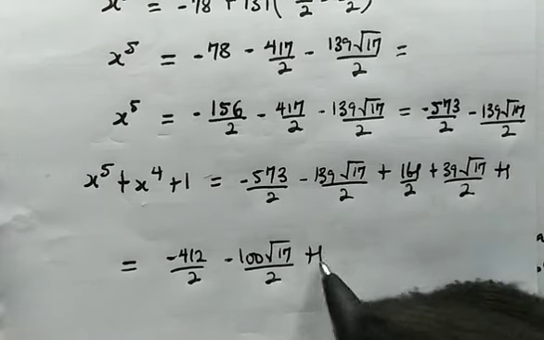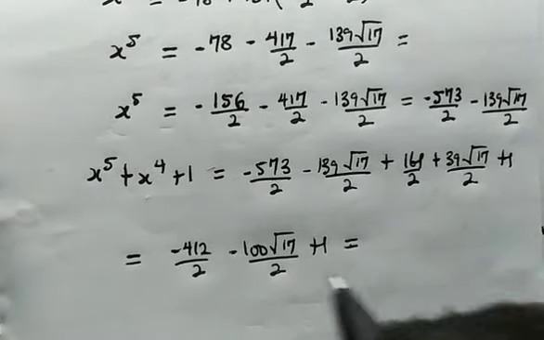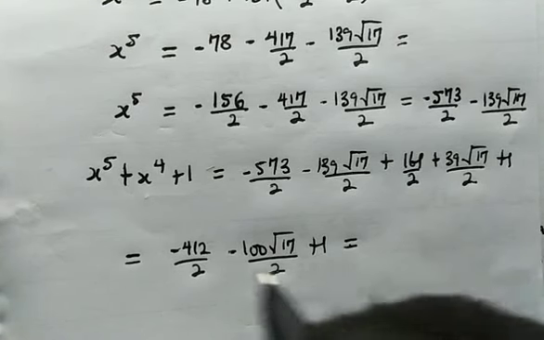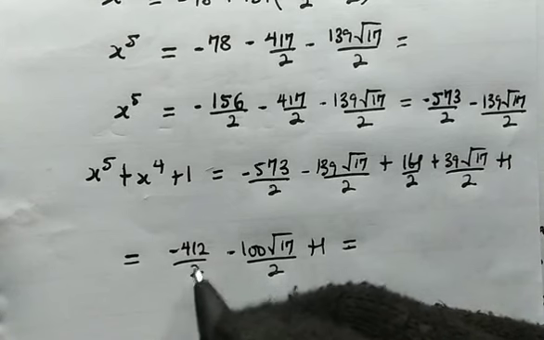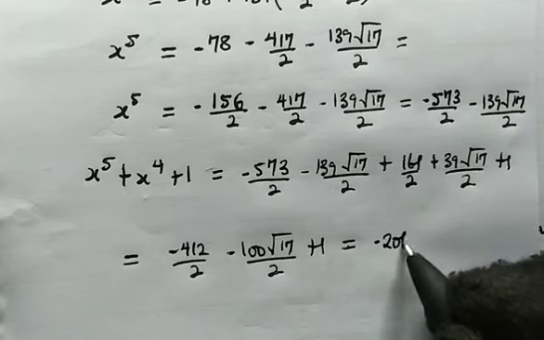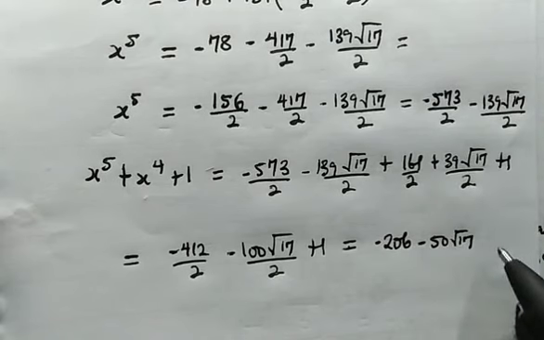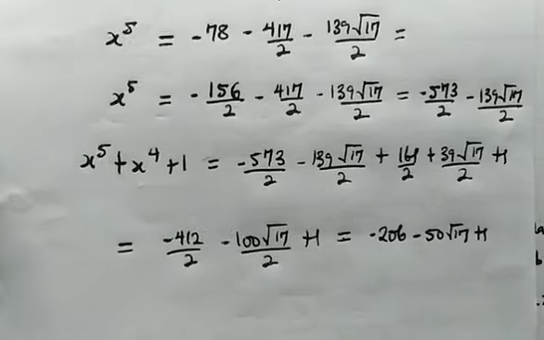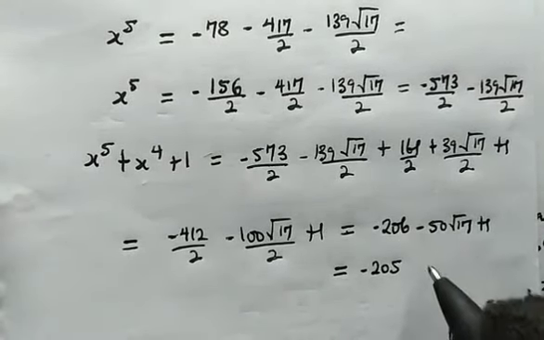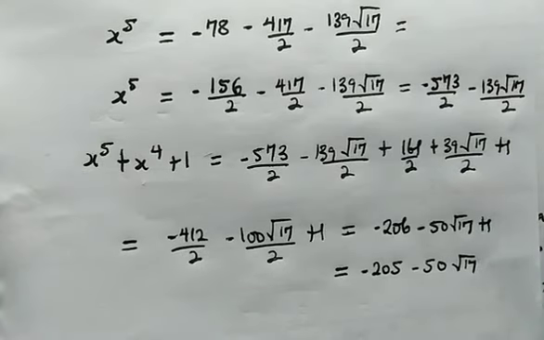And we have plus 1. Dividing this out, we have negative 206, then minus 50 root 17, then plus 1. This simplifies to negative 205 minus 50 root 17.